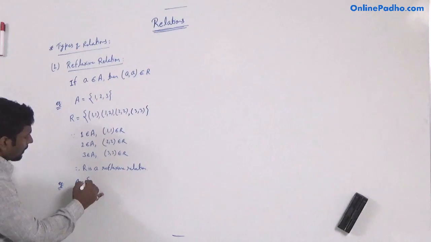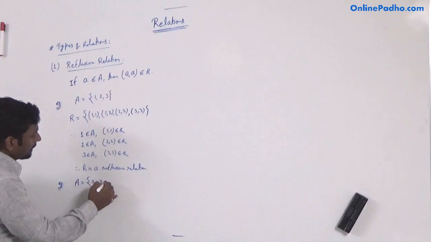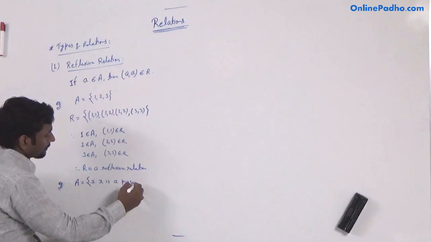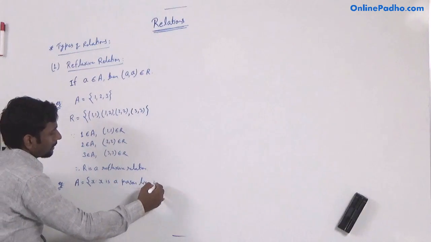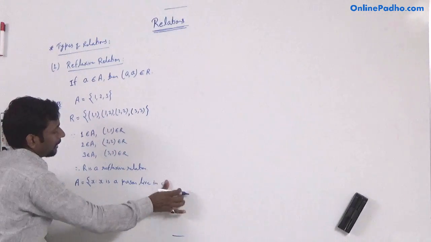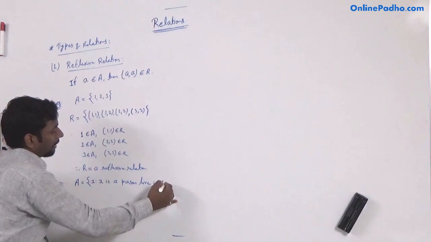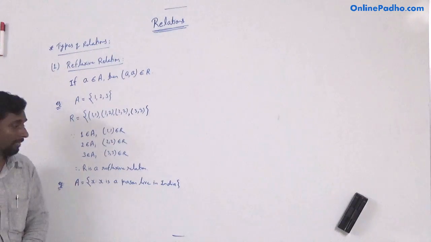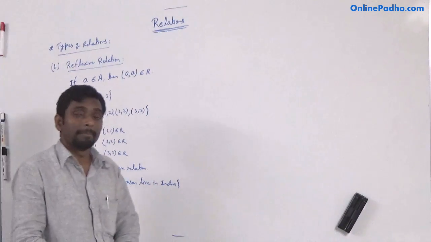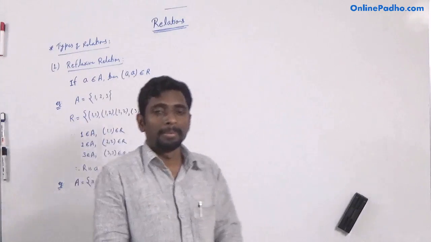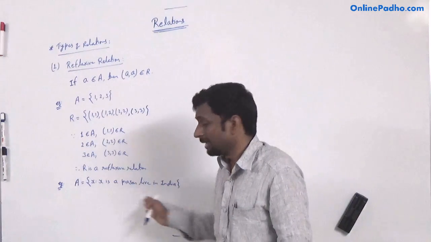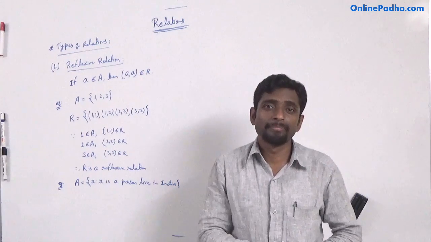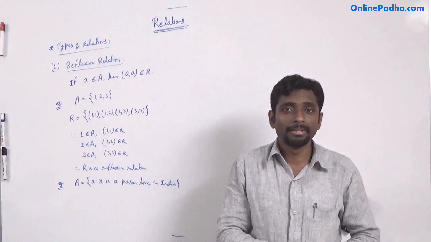Let A be the set of x such that x is a person living in India. So how many elements are in this set A? The population of the country. That is set A.